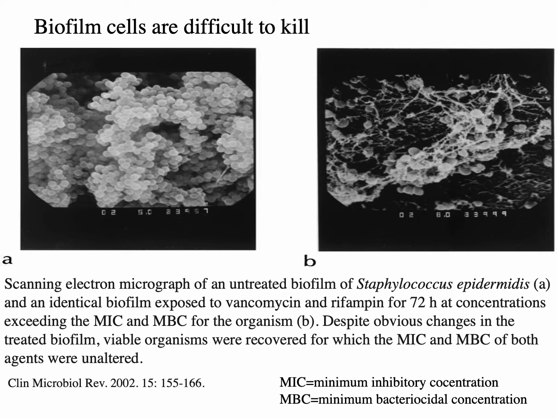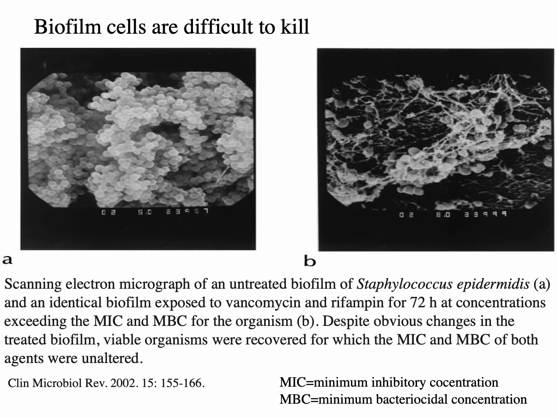They treated that biofilm with vancomycin and rifampin for 72 hours at concentrations exceeding the MIC and MBC for the organism. MIC and MBC stand for minimum inhibitory concentration and minimum bactericidal concentration.